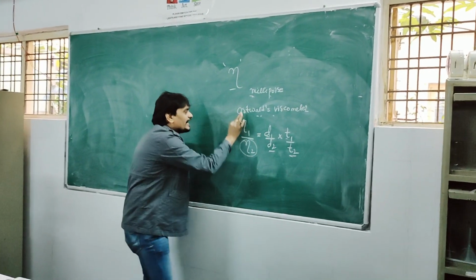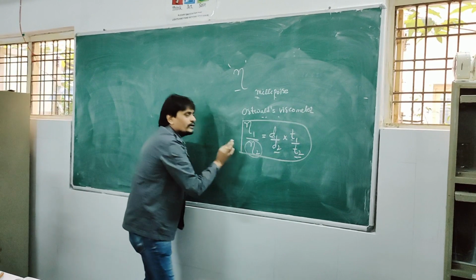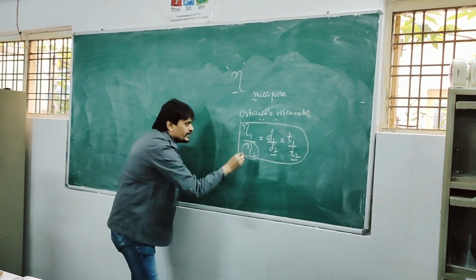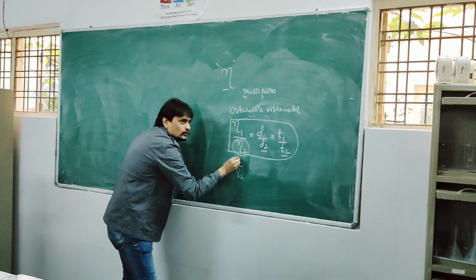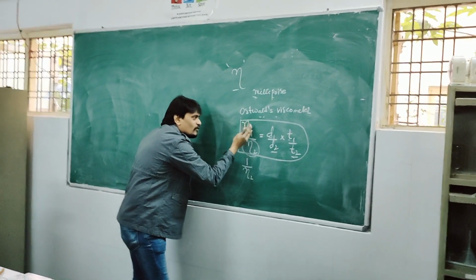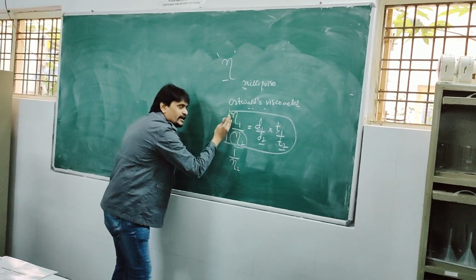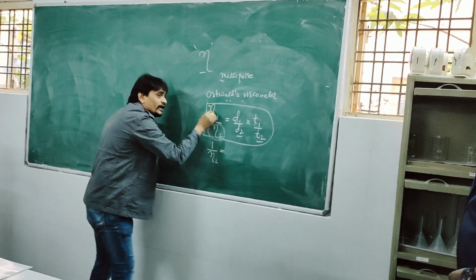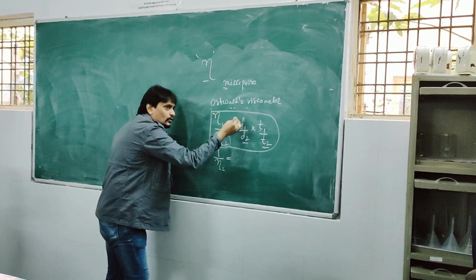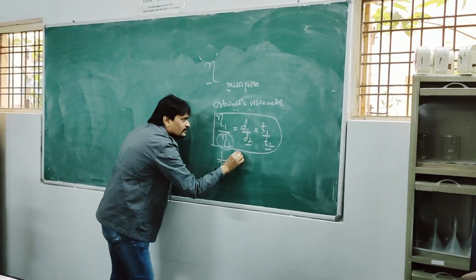Now by rearranging the equation, you have to get eta 2. Let us write 1 by eta 2. Bring eta 1, which is in the numerator on the left side, to the right side, where it becomes the denominator.